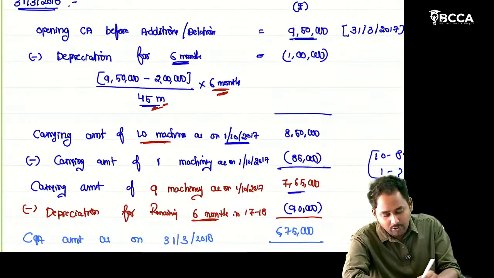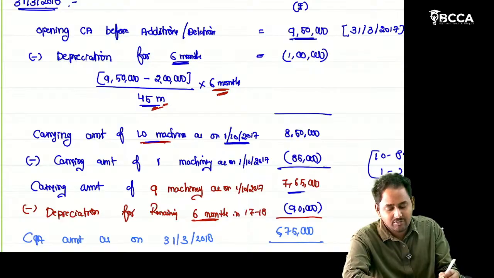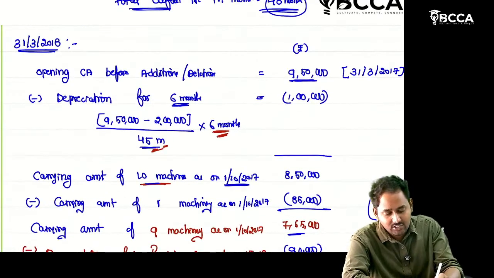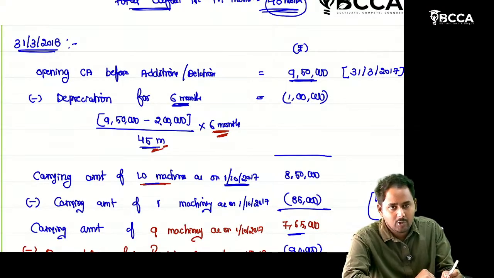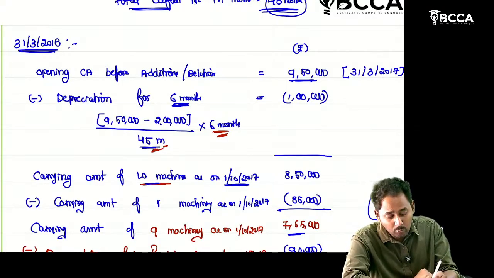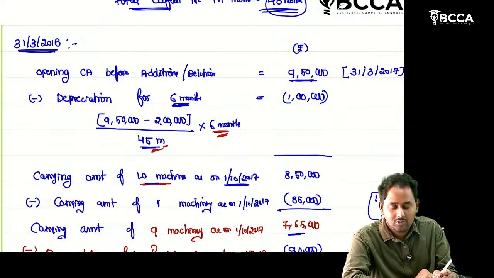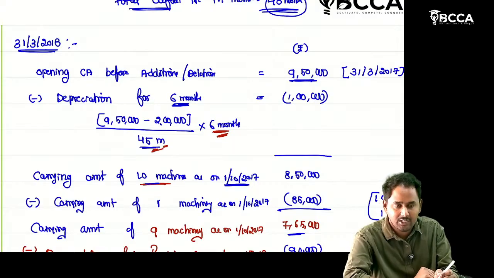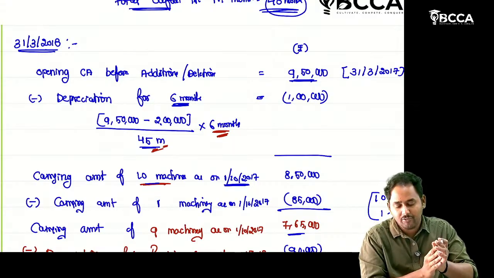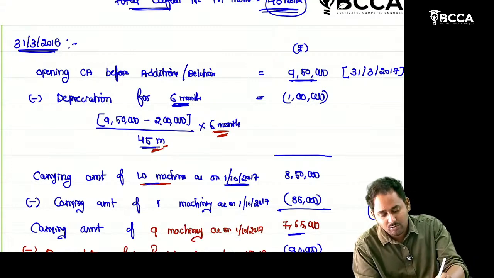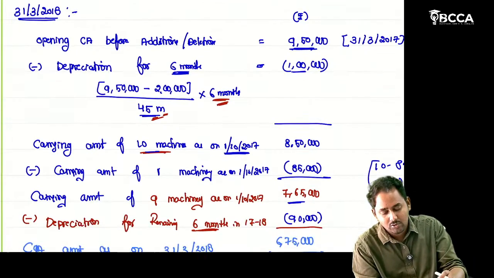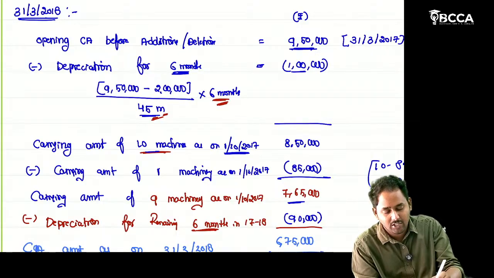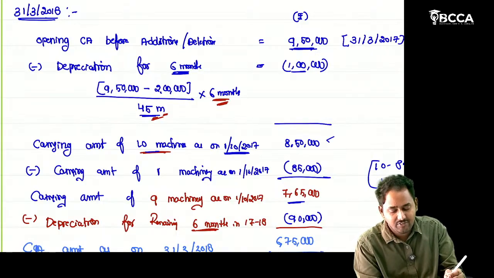So the carrying amount of 10 machines on 1/10/2017: how can we provide? This is the opening carrying amount. I need to provide the depreciation for 6 months, because I need the carrying amount as on 1st October 2017, which is half of the year. So what is the depreciation? 1 lakh rupees. So the carrying amount of the 10 machines on 1/10/2017 is 8,50,000.